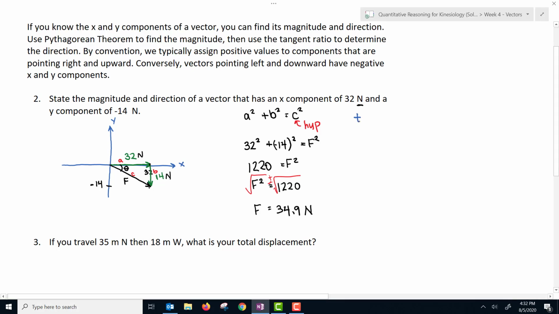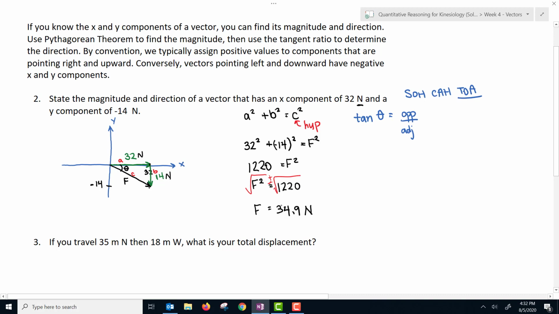So I'm going to say tan of my angle theta, which is what I'm looking for, is equal to opposite over adjacent. Okay, so I'm using SOHCAHTOA here. I could have used SO or CA instead, because I do know the hypotenuse now is 34.9, but that's a rounded value, whereas the 32 and the 14, those are exact values.